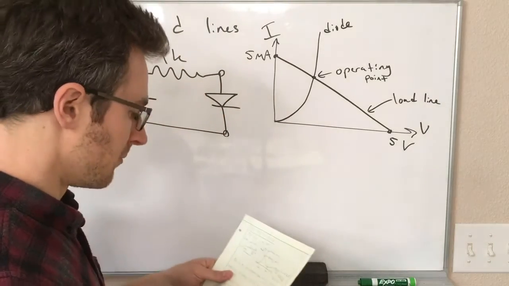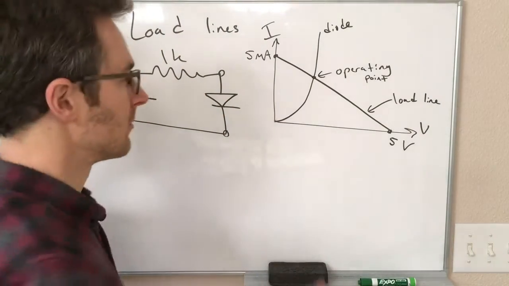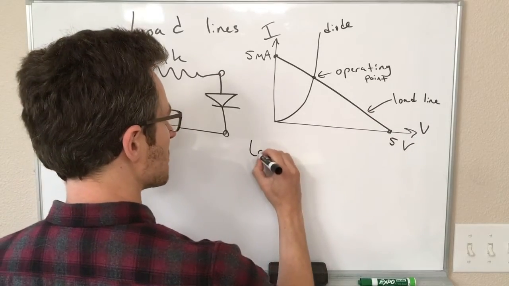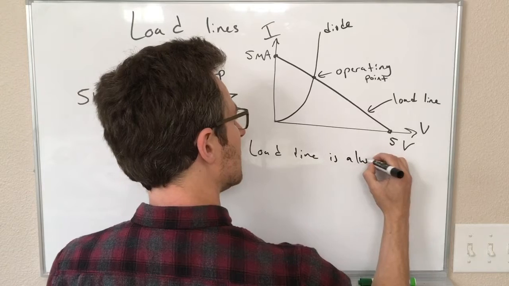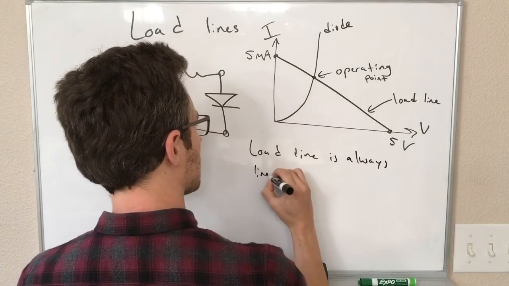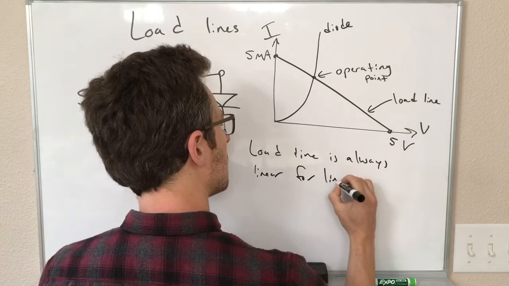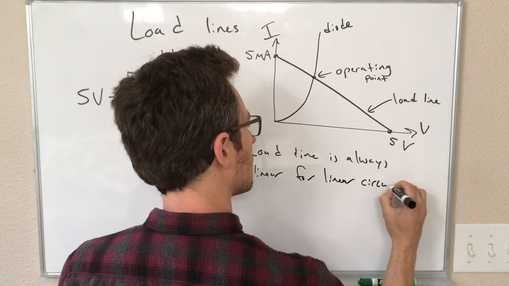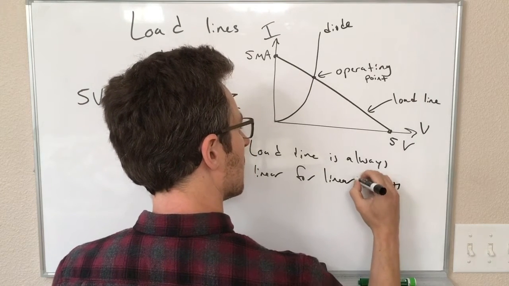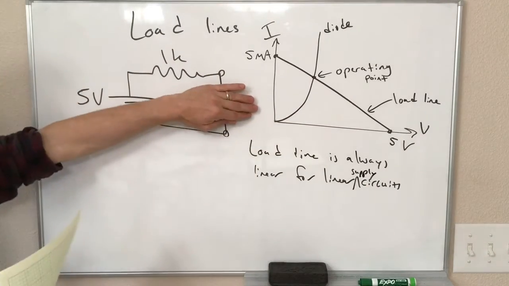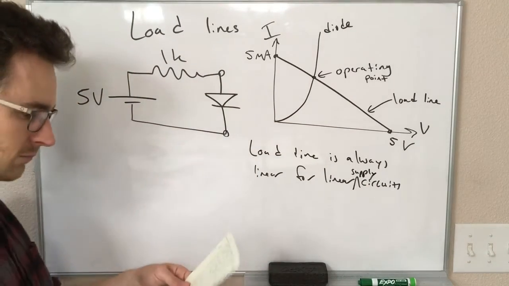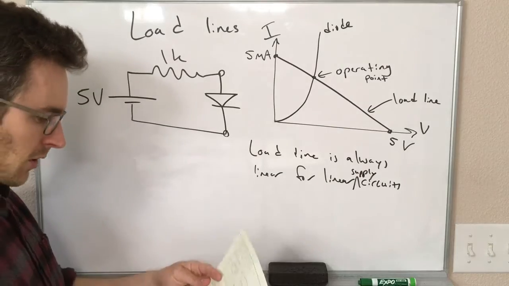And so that's one useful piece of information. The load line is always linear for linear circuits. Maybe we should say linear supply circuits, because the diode's not linear, right? But yeah, all right, great.